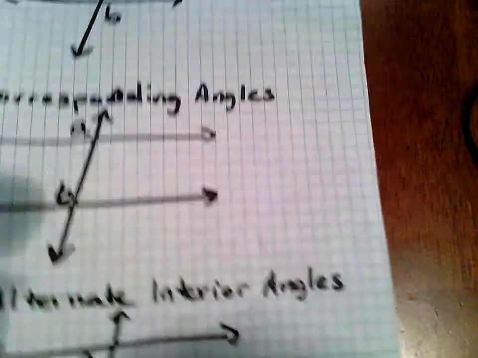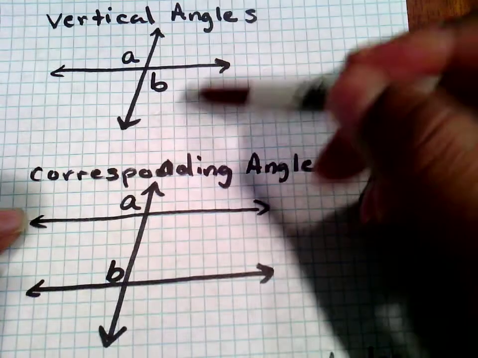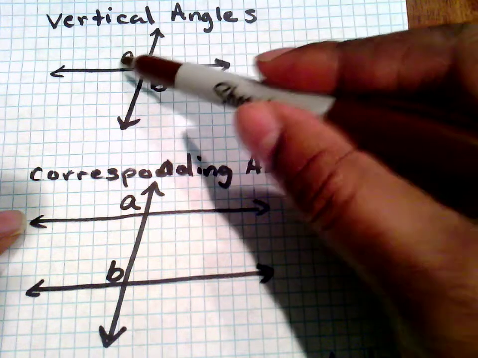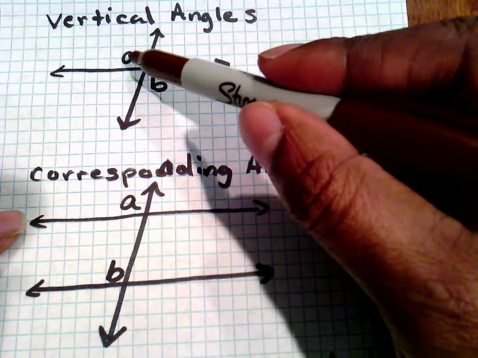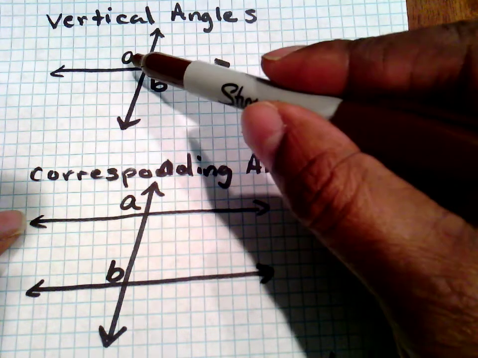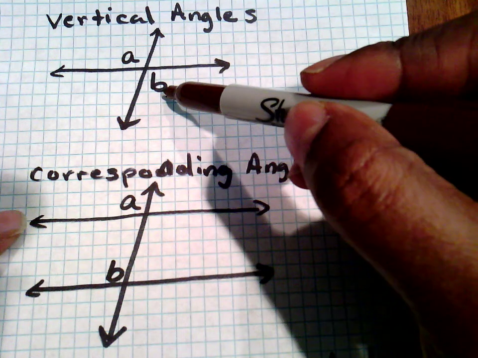So in short, we have 4 different relationships here. We have our vertical angles. We take a look at one intersection at a time and look at which angles sit across from each other.